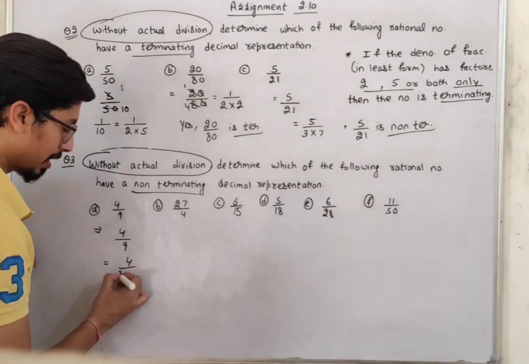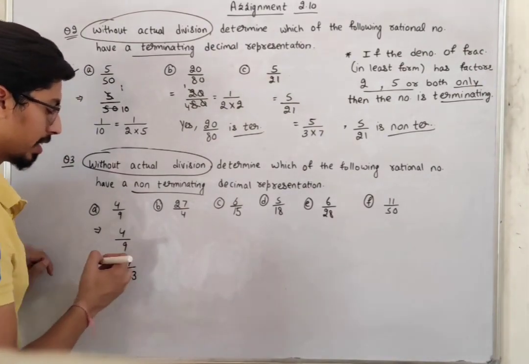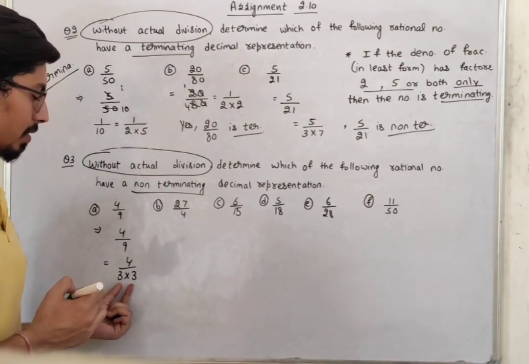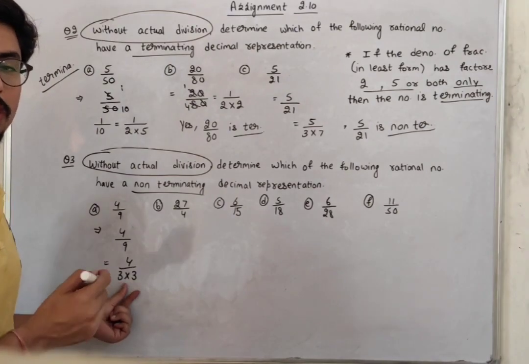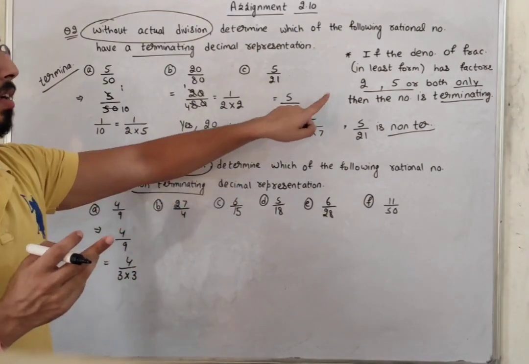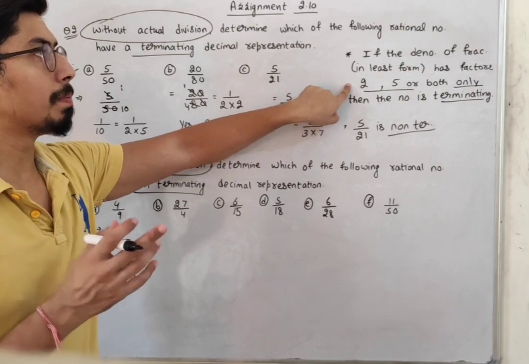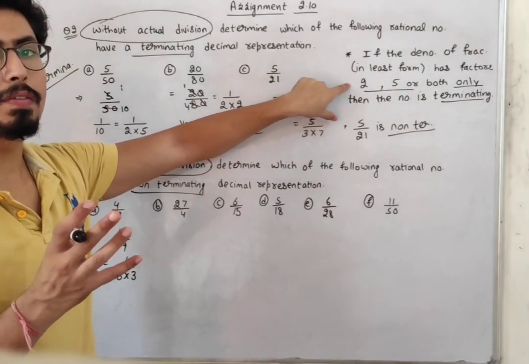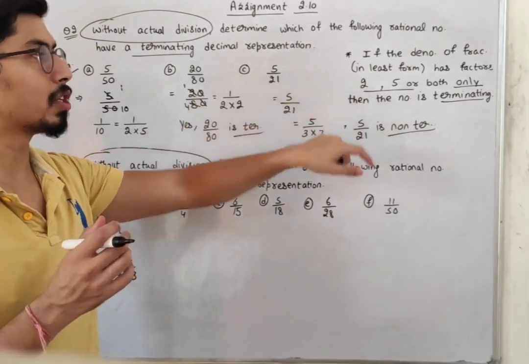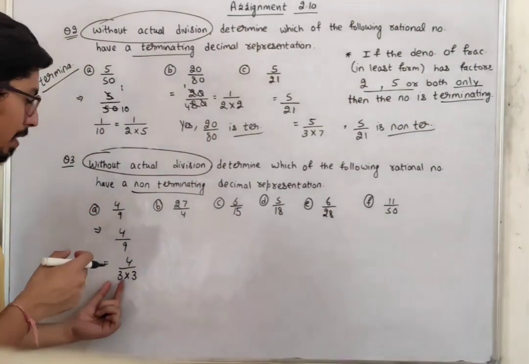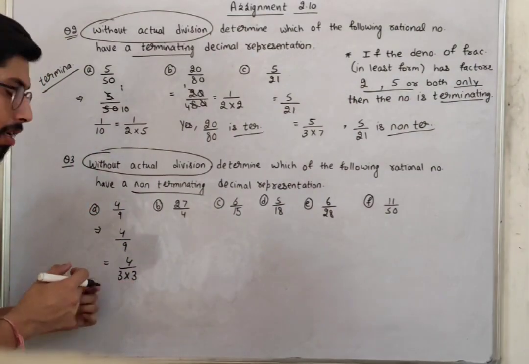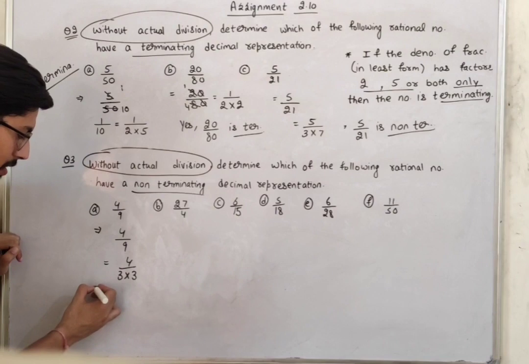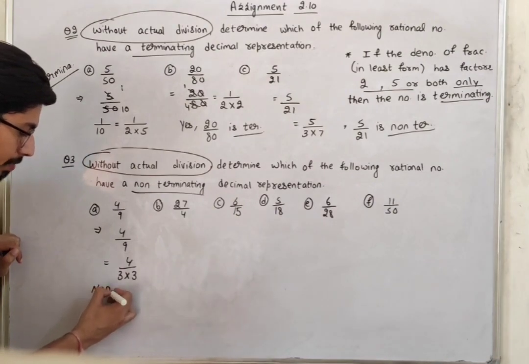So the factors of the denominator are only 3, but if I have to make it terminating, the factors should be 2 and 5, but we have 3 here. So 4 by 9 is non-terminating.